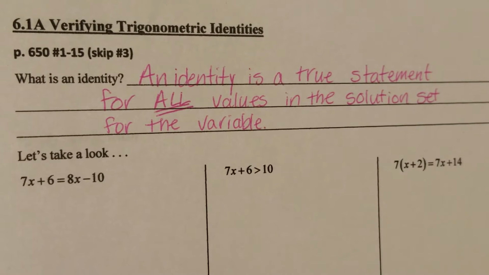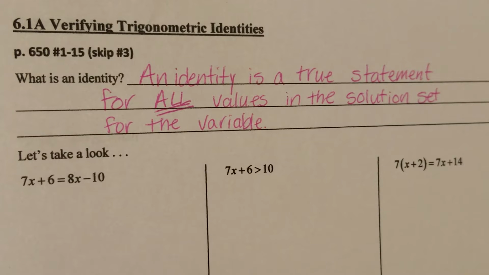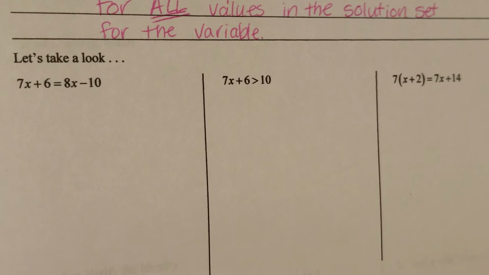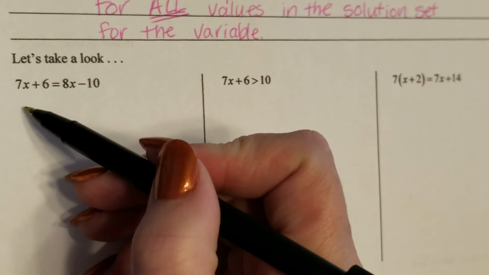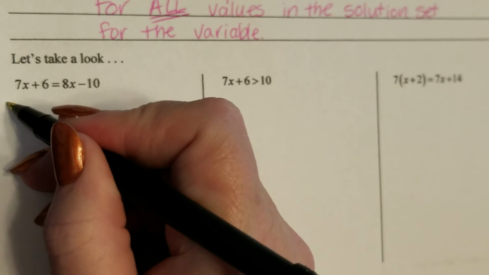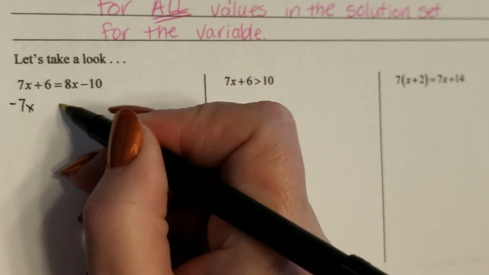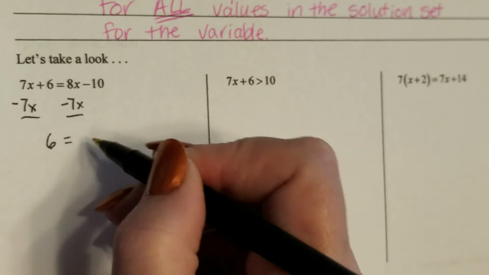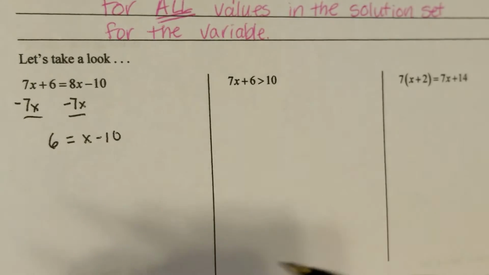So let's take a look at some things that are and some things that are not identities. We've got a few equations here. Let's take a look at this first one: 7x plus 6 equals 8x minus 10. I'm going to subtract 7x from each side. We get 6 equals x minus 10.